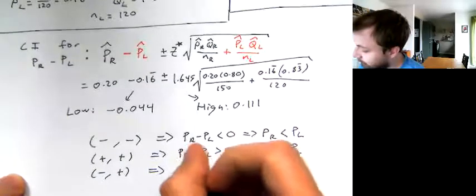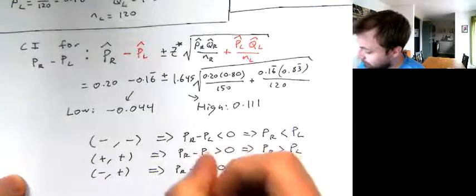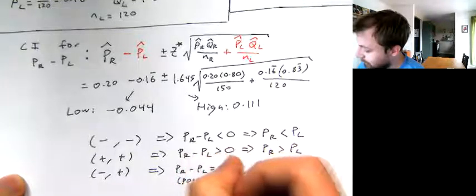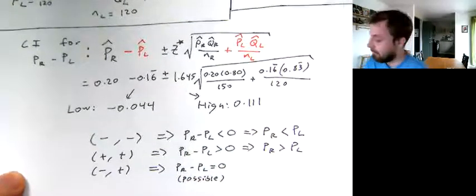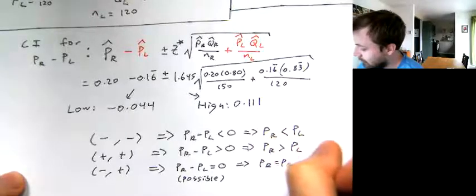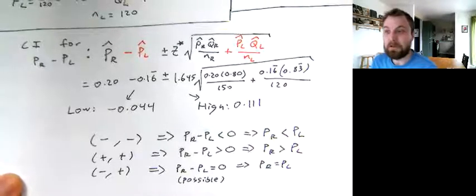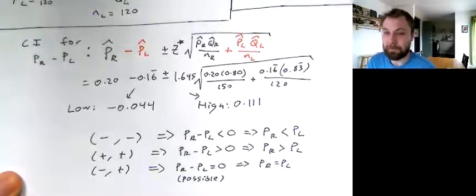So this tells me that it's possible that the difference is equal to 0. And if the difference is equal to 0, this tells me that the two groups could be equally successful. In other words, the results are inconclusive.